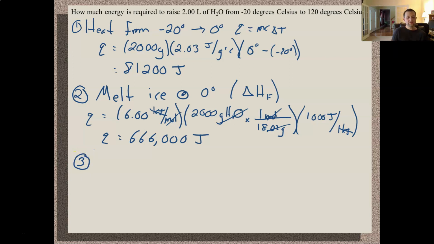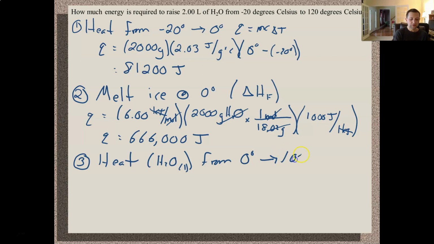Once step 2 is complete and all of the ice has melted, we need to go to step 3, which is heating it up until our next phase change. So what we want to do for step 3 is heat, and we have liquid water. Now it's all liquid, so it's important. We need to heat all of our liquid water from 0 Celsius until our next phase change, which would be the boiling point.